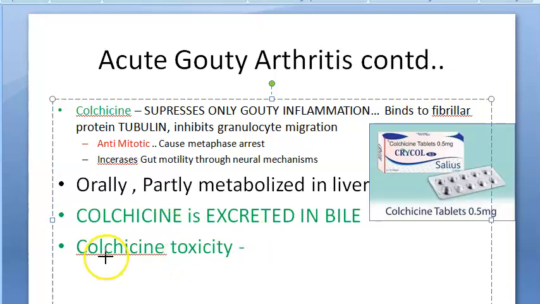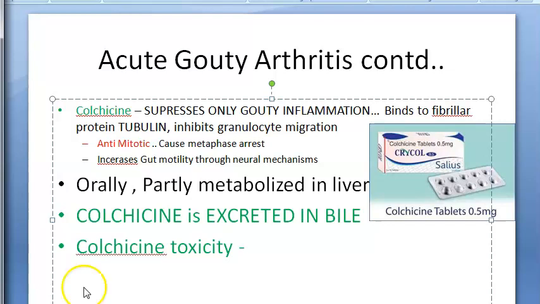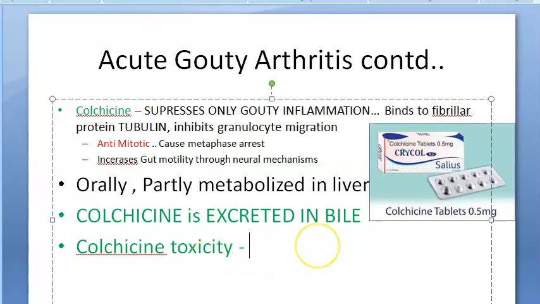So overdose of colchicine produces kidney damage, CNS depression, intestinal bleeding. Death is due to muscular paralysis and respiratory failure. It can lead to death also.